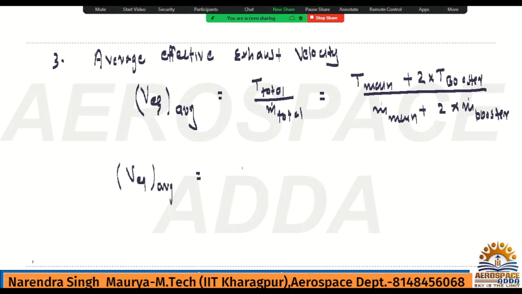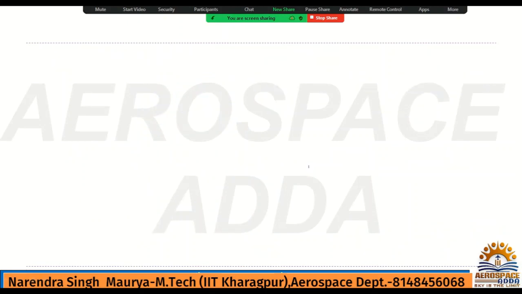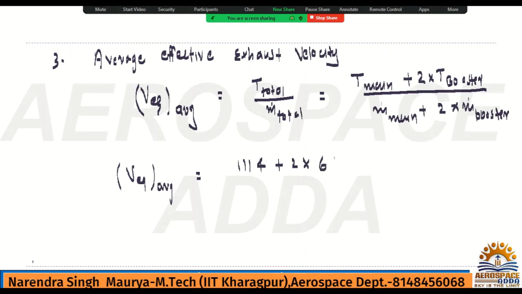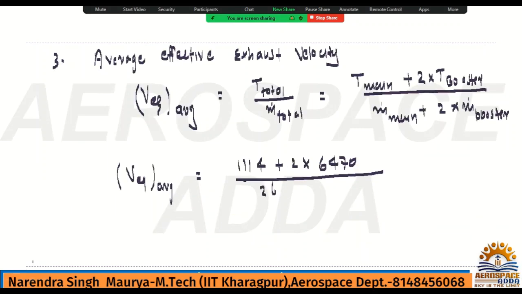What is the main thrust amount? 1114, what I remember, plus 2 times the thrust for the booster you had calculated, 6470. And the mass flow rate for the main, you have calculated, it is 264 plus 2 times the booster, 2398. You need to find this value. So this will be the effective exhaust velocity average value.